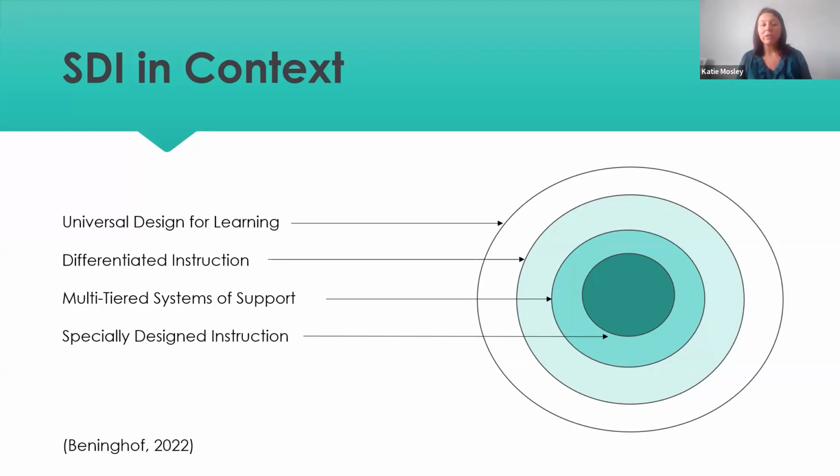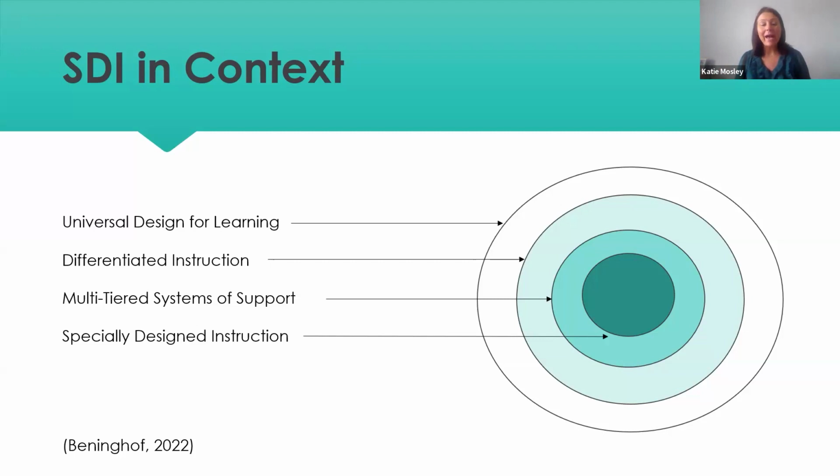And so that's where we're looking at things like flexible grouping and adjusting some content or giving some different options for students. And again, this is a universal learning framework, really, it's not a tool. But every child can have access to that.